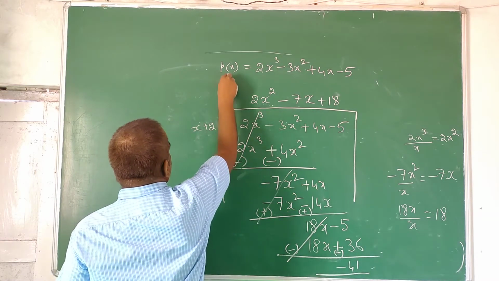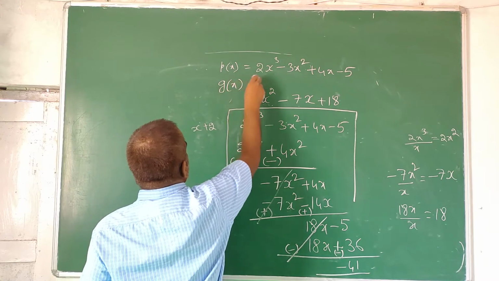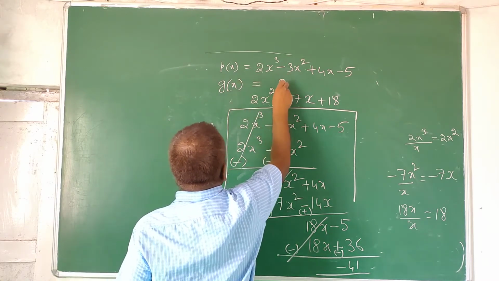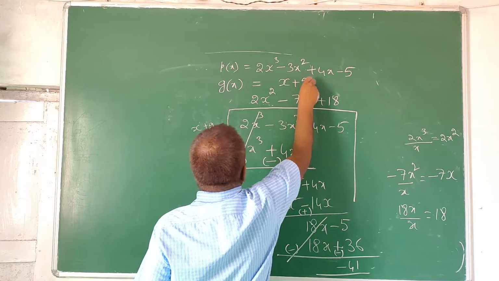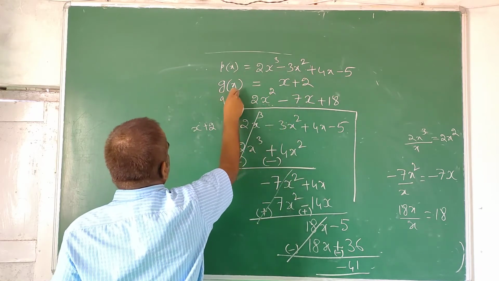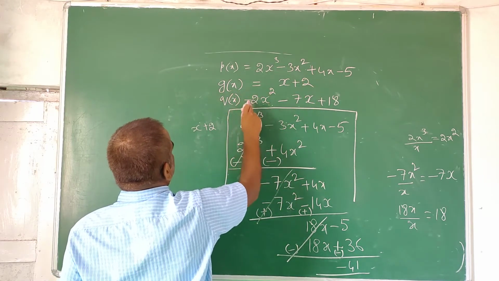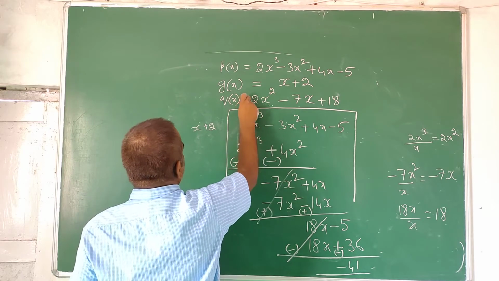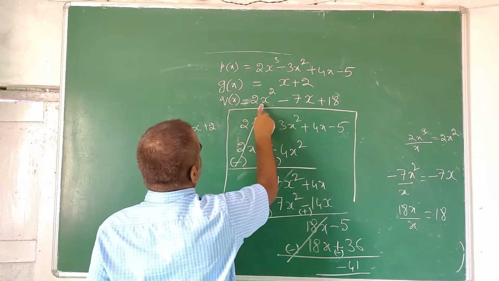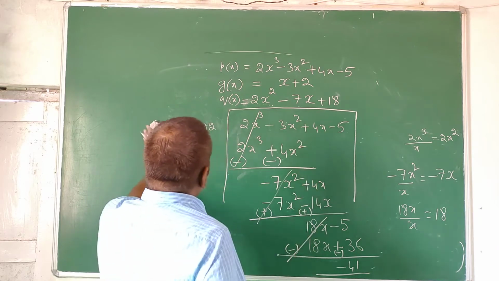What is g of x? X plus 2. And what is q of x? Q of x is this, 2x square minus 7x plus 18.